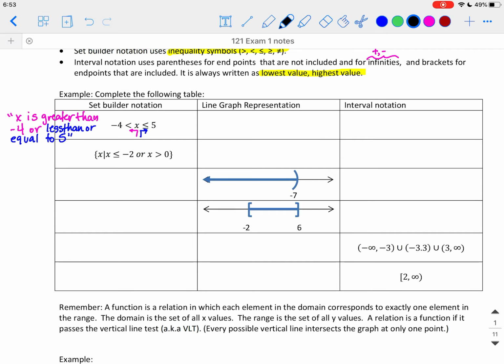On the number line, I like to read it from the middle to the left. So again, one last time, x is greater than -4, and from the middle to the right, x is technically less than or equal to 5.